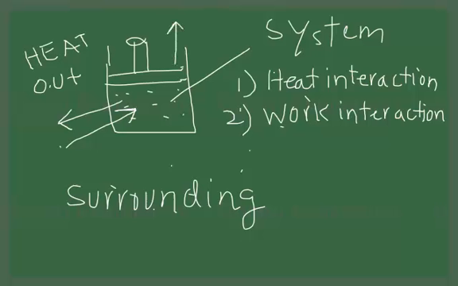So if this piston moves upward, the volume of the system will increase, and that work will be performed at the cost of the energy present inside the system. So then we'll say that work is done by the system.